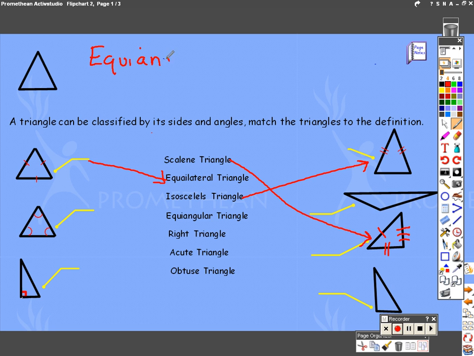And equiangular is similar to equilateral. It means all angles equal. All three angles, that's the symbol for angles, are equal. They're the same. Then we have a right triangle. And a right triangle means one 90-degree angle.